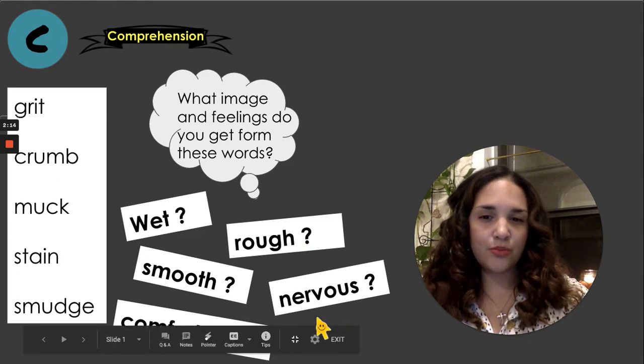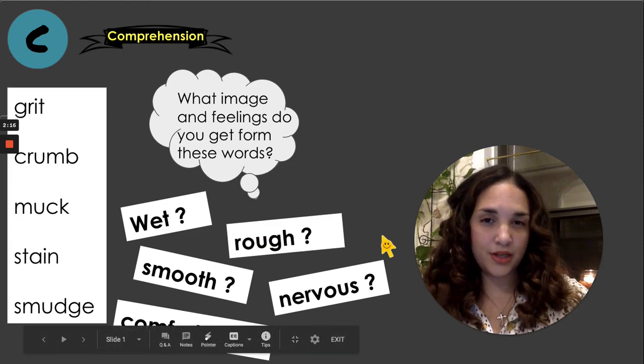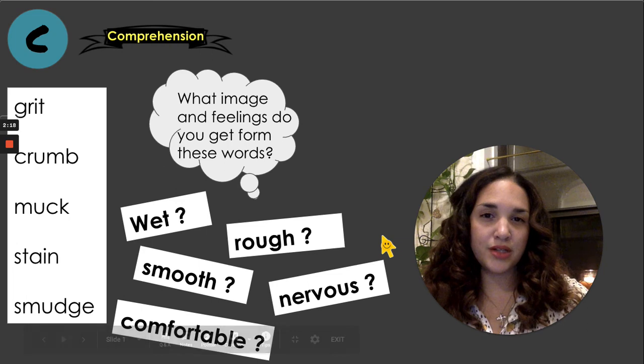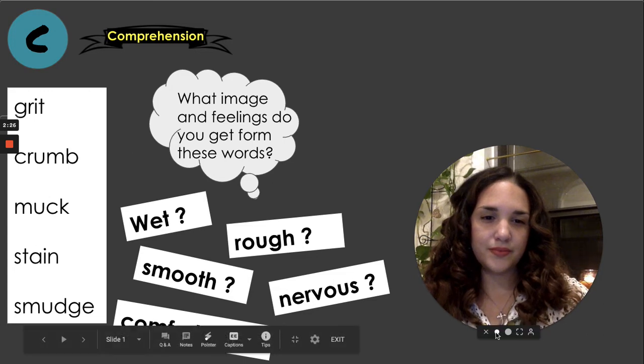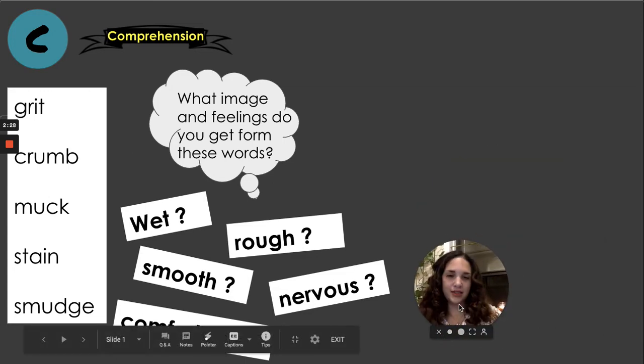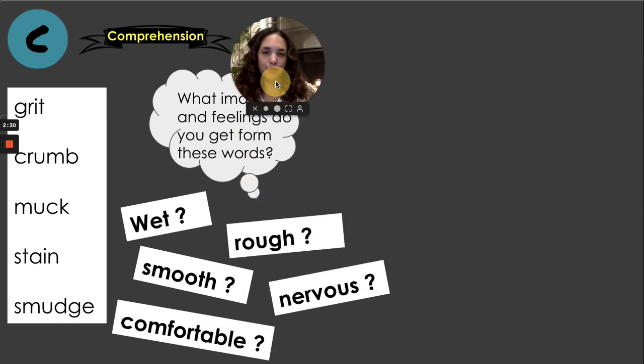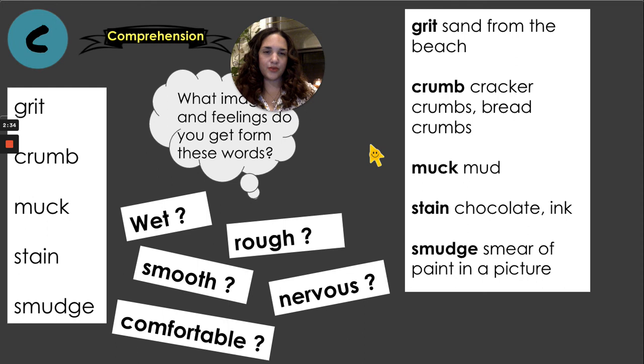All this thought process is very important when we are reading, especially words that we don't understand. We want to pause and think about the mood of these words. Let's see here a little bit more about them. So we have grit, which is sand from the beach.